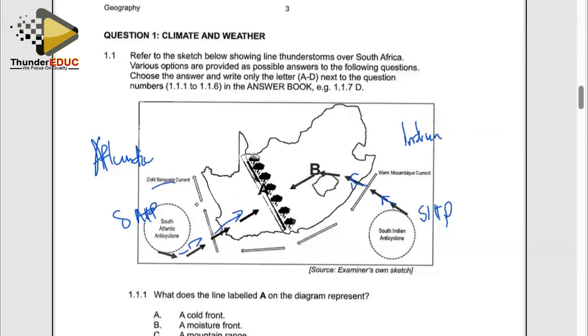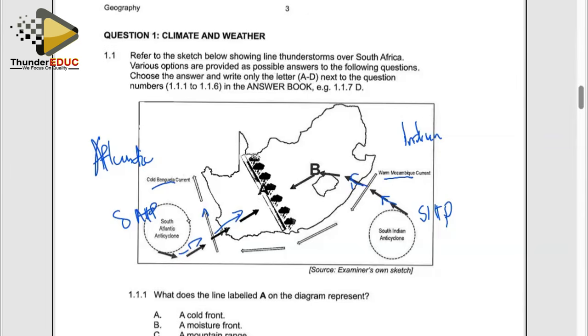The movement of the water here is such that it comes from the colder polar region. If you check the arrow here, it shows that this motion is coming from the polar region going towards the equator. But the Mozambique current is coming from the equatorial region going further down. So this is a warm current and this is a cold current.